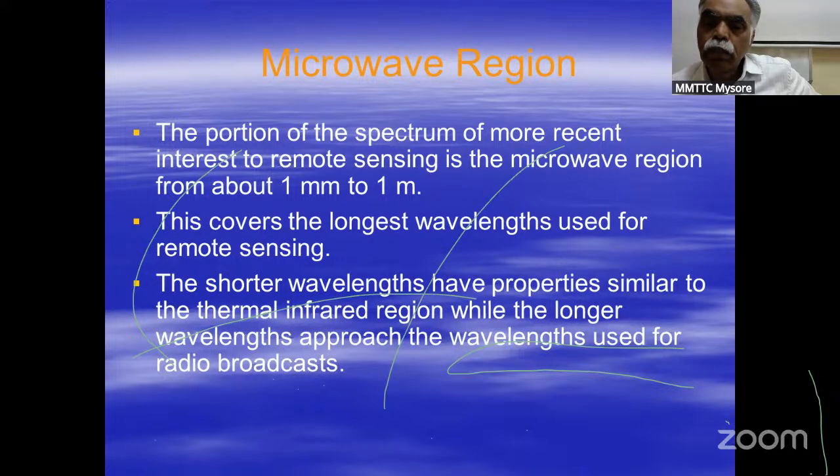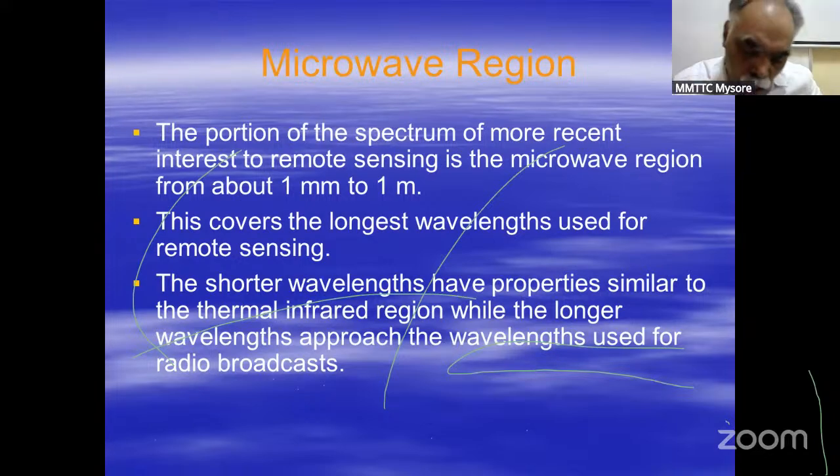Not even 0.2 millimeters, it will not detect. The object that is there on the ground, that immediate object reflectance value will be sensed by the sensor, but the underneath or the bottom part of that object information will not be there.